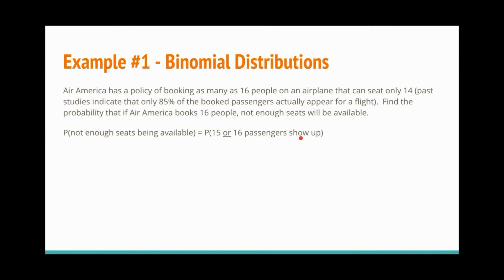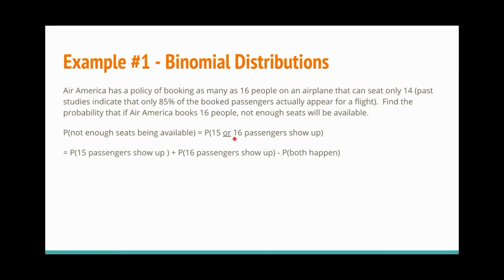If only 8 people show up, or even if 14 people show up, then there will be enough seats. The only reason there would not be enough seats is if more than the number of seats on the plane appear. So again, I'm just writing this out in English.